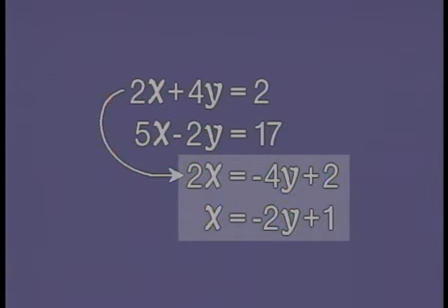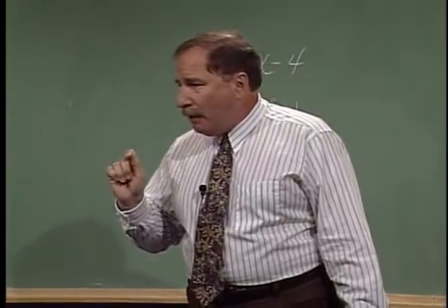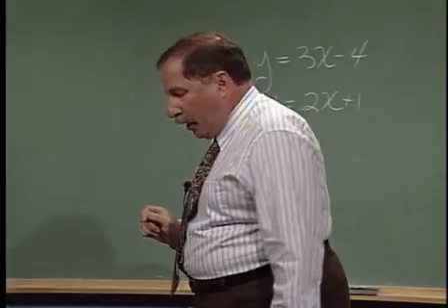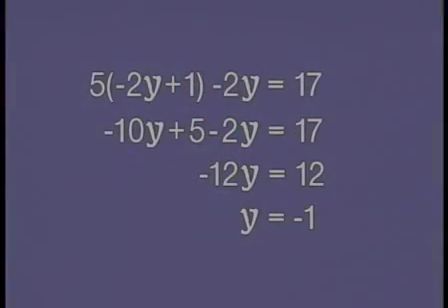We now have x in terms of y. This method is called substitution because what we're going to do is substitute that function of y for the x in the other equation. The other equation being 5x minus 2y equals 17.